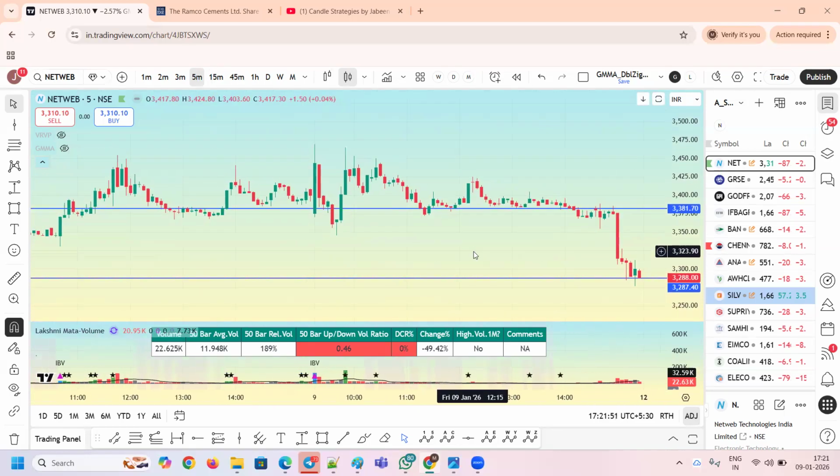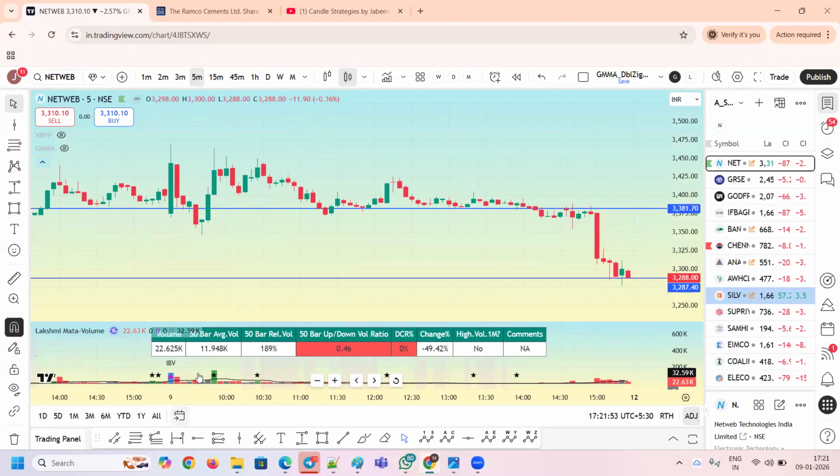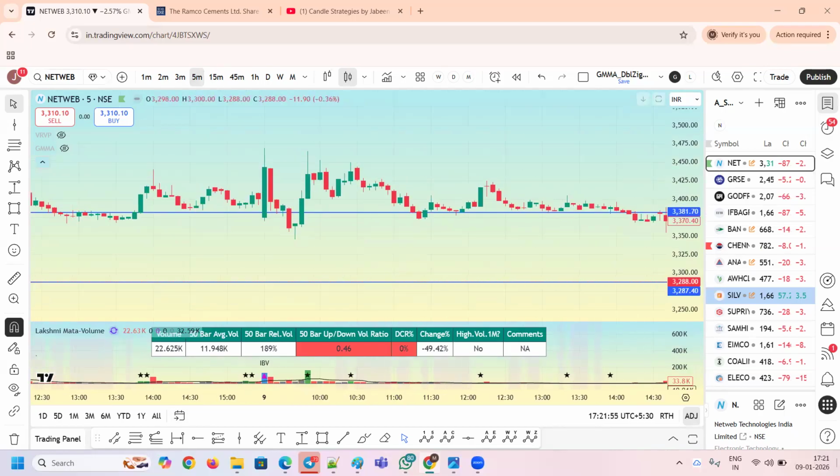See, the 5 minute candle seems to be a little bit clear. It has gone up till this amount, 3469, means 100 rupees it has gone, and this is a very strong candle. So the chances are that it will move.